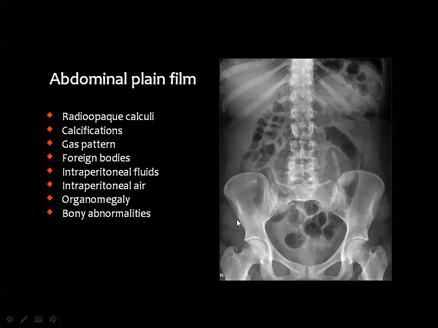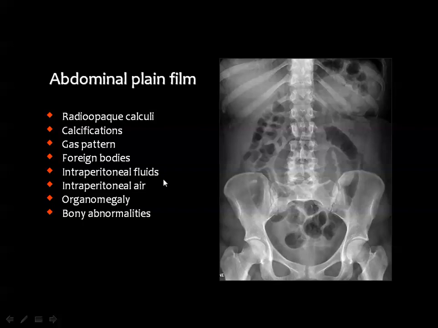Then the plain film has many diagnostic values. Through the plain film of the abdomen, we can identify radiopaque calculi. We can also see calcification, and we can identify the gas pattern of the intestine. We can also see radiopaque foreign bodies, and sometimes we can assess the presence of intraperitoneal fluid.